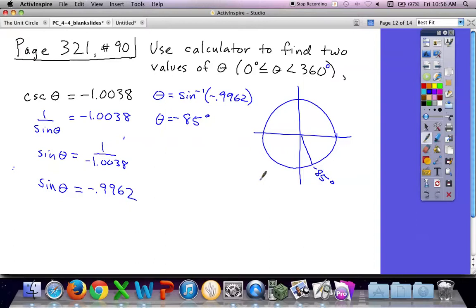Okay. So yeah, we would say theta, the first one will be negative 85 plus 360. Okay, 275. So the first one is 275 degrees.